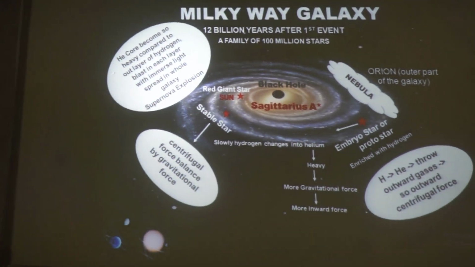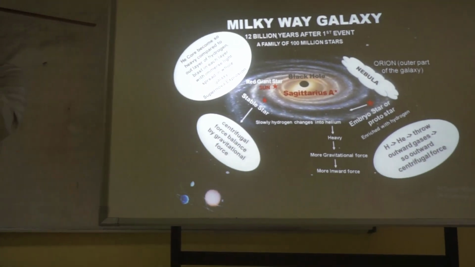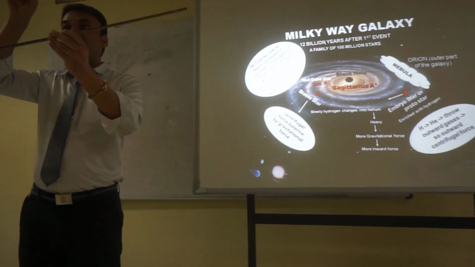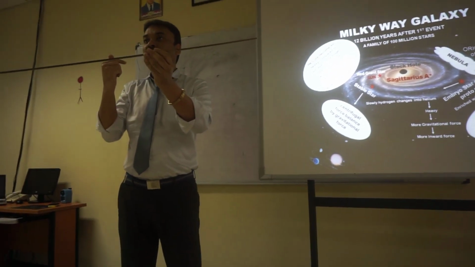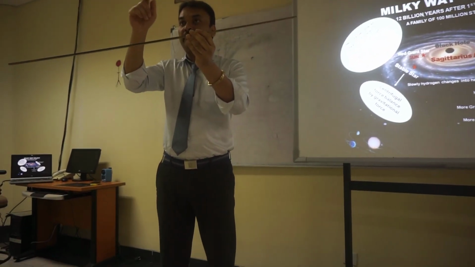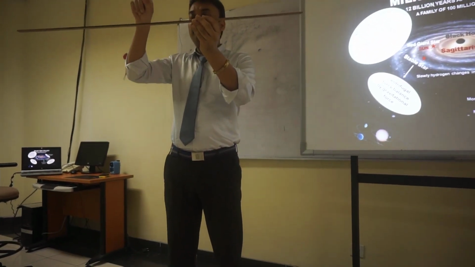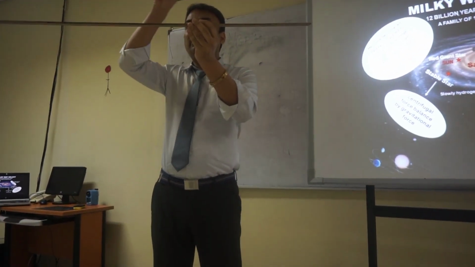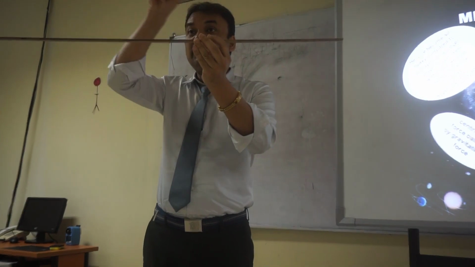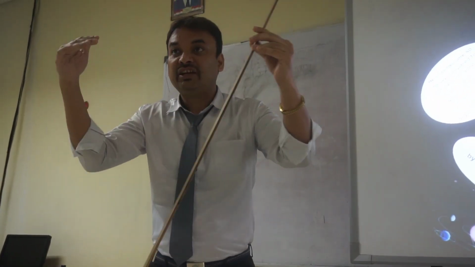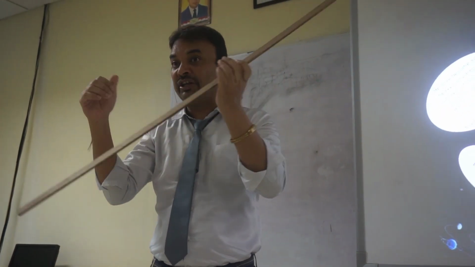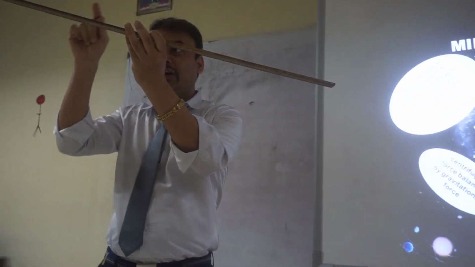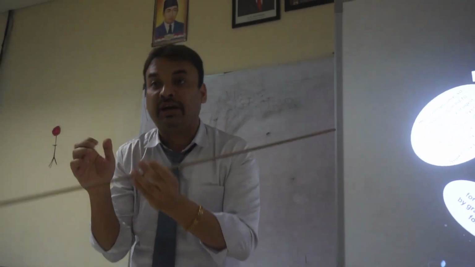So when the rotational speed of that red giant star increases while shifting from the outer arm to the inner arm, due to the difference in the speed of various layers of hydrogen, there is an intermutual friction between the layers. The inner layer of the hydrogen is moving faster as compared to the outer layer.